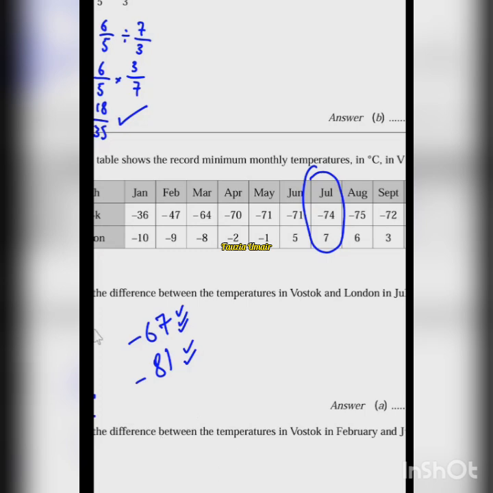Difference is, आपने ये याद रखना है. आप देखें, difference is never negative. ये आपने याद रखना है. ठीक है? Whenever this kind of question comes in the paper, you need to remember difference is never negative.